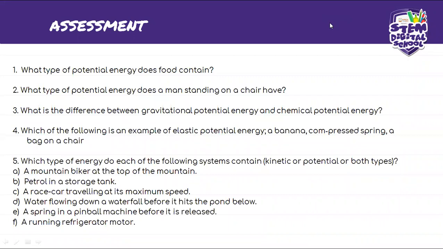What is that? Let's keep the ball moving. All right. In the next few minutes, we are going to do the corrections so that I will see those of us who got total. So somebody is saying a spring in a pinball machine before it is released.